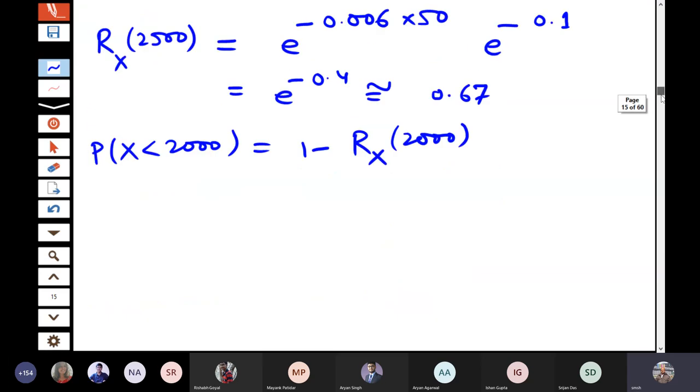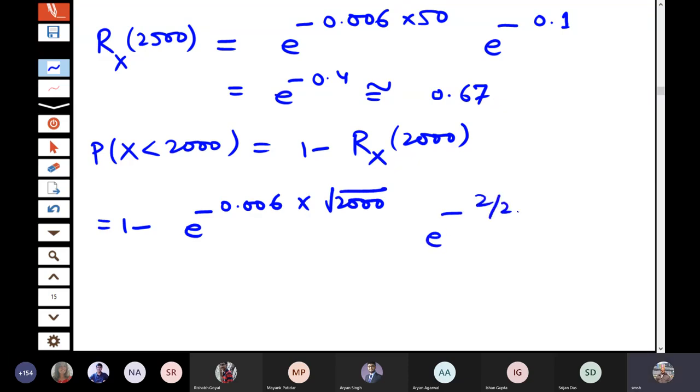That is 1 minus e to the power minus 0.006 into square root 2000, e to the power minus 2 by 25. Anyway, these calculations can be easily done. Okay, there is some mistake here.